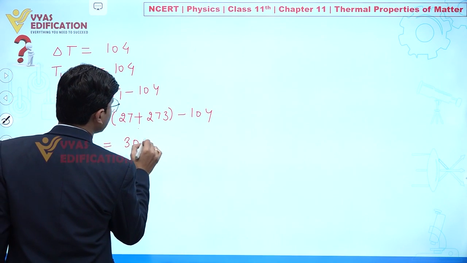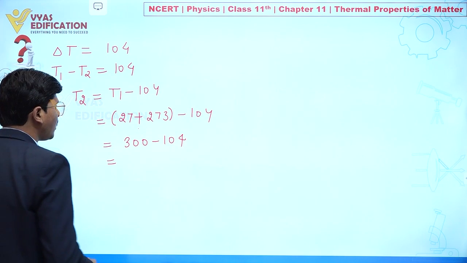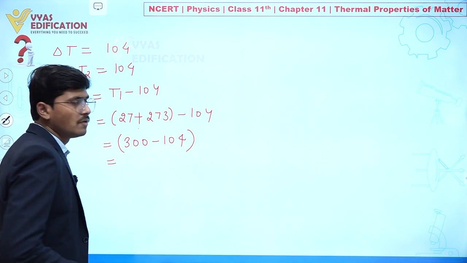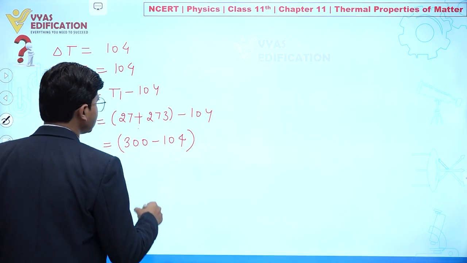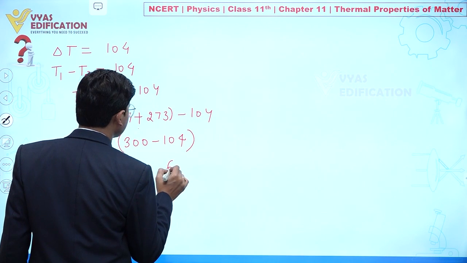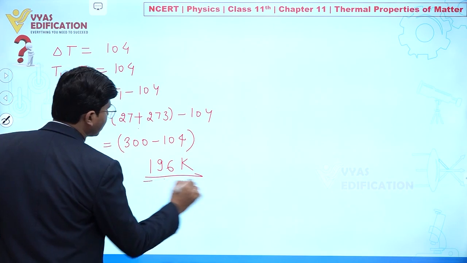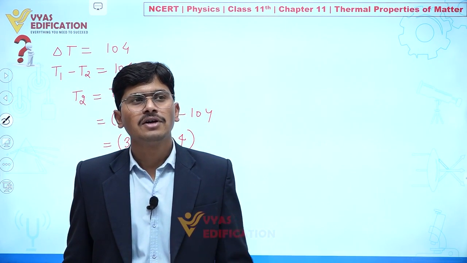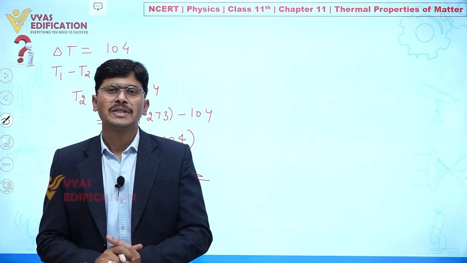So this is equal to 300 minus 104, and whatever value we find will be in Kelvin. So this is near about 196 Kelvin. This is the temperature at which this shaft slips on this wheel. So this is all about this question.